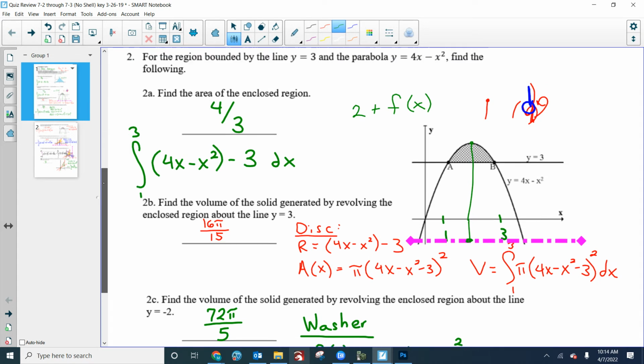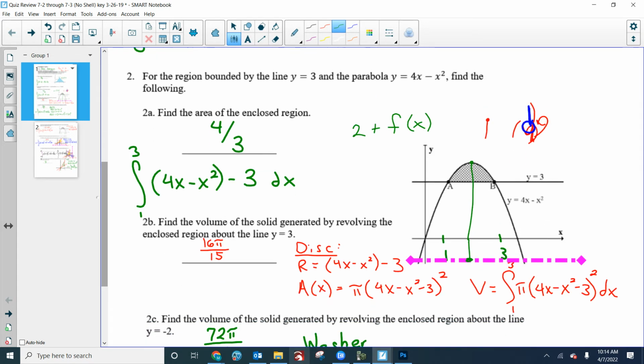Well, f of x was 4x minus x squared. So 2 plus 4x minus x squared. This one is 2 plus 3, which is 5. You guys understand how to do that? If it's below the x-axis or above the function. Good talk.